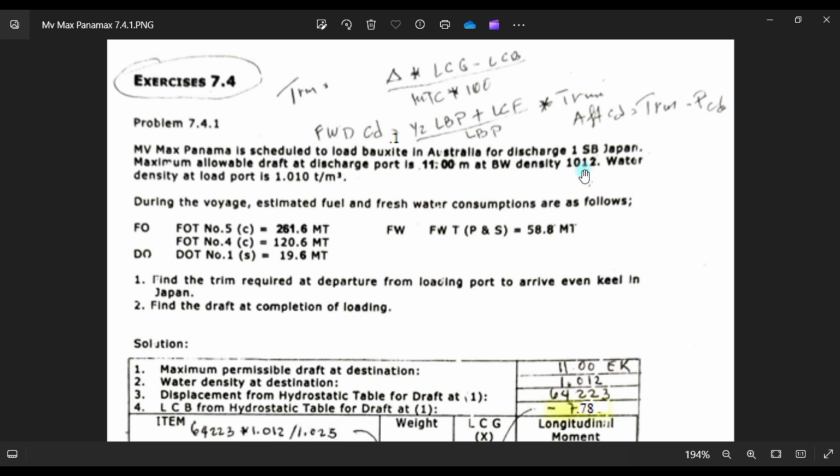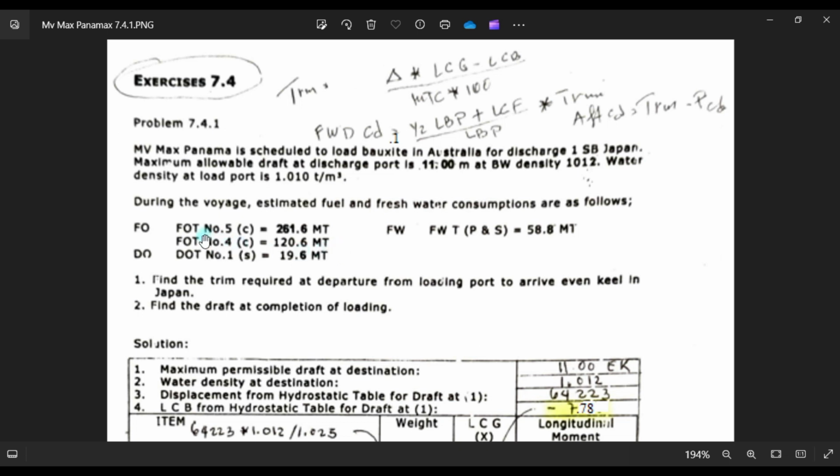So this is the density in Japan, and the density in the loading port of Australia is 1.010. And these are the items being consumed during the entire voyage from Australia to Japan.